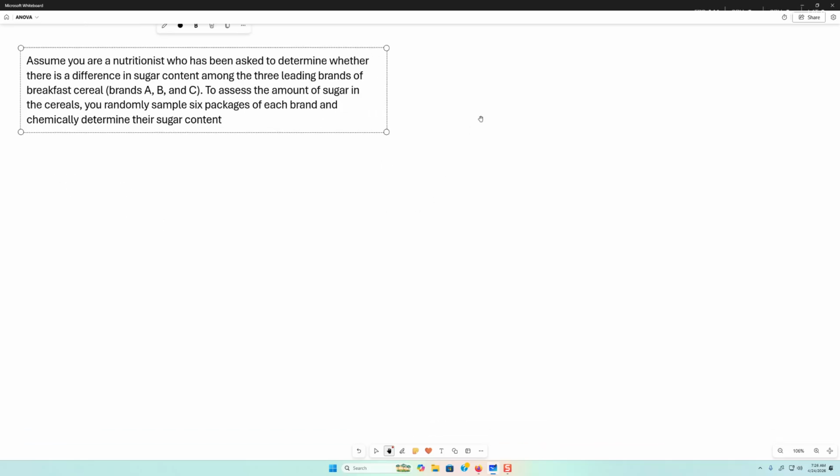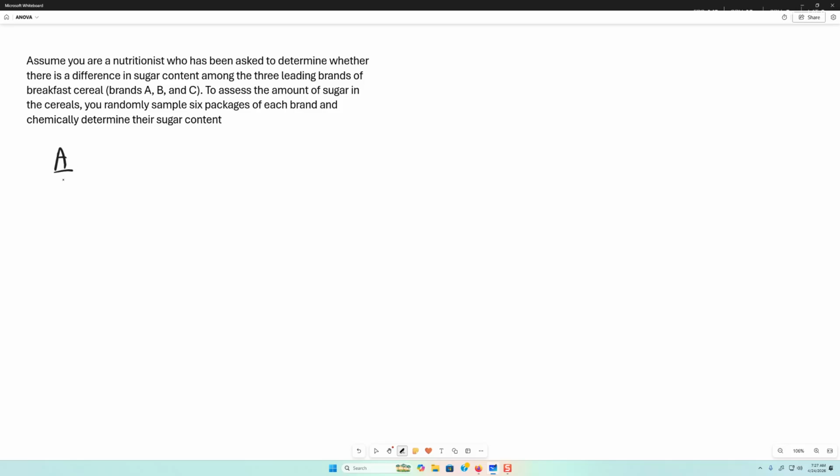Okay, so assume you are a nutritionist who's been asked to determine whether there's a difference in sugar content among the 3 leading brands of breakfast cereal, brands A, B, and C. To assess the amount of sugar in the cereals, you randomly sample 6 packages of each brand and chemically determine their sugar content. Okay, so we're going to start by copying the data down.